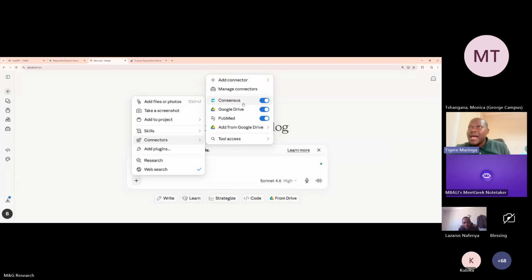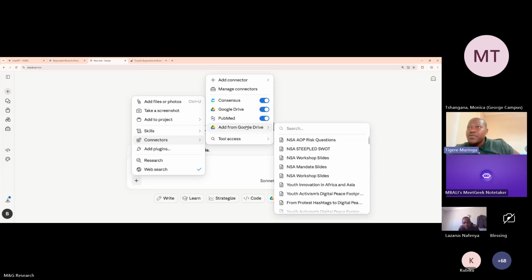So there is access to Consensus. Consensus is a website, a database for literature. My Google Drive is linked to this whole Claude system that I'm using, and PubMed and Gmail.